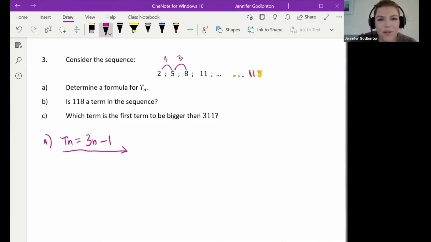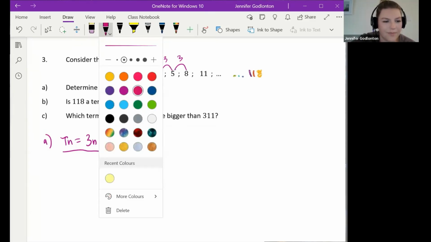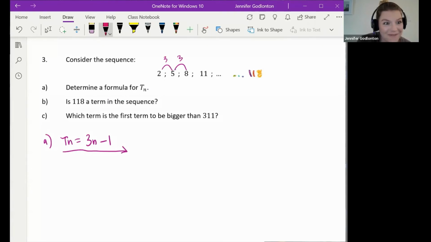Okay, I'm going to go through B. Where does the -1 come from? So the -1 comes from because I have 3. So the 3n, I've got 3, and I'm trying to get to 2. So in order to get to 2 from 3, I have to minus 1.